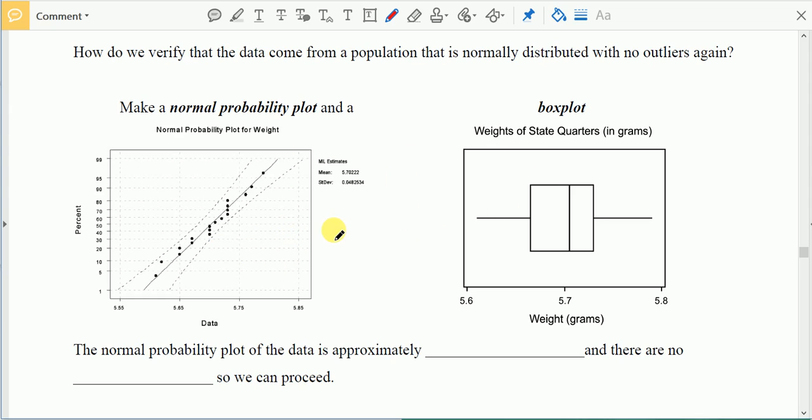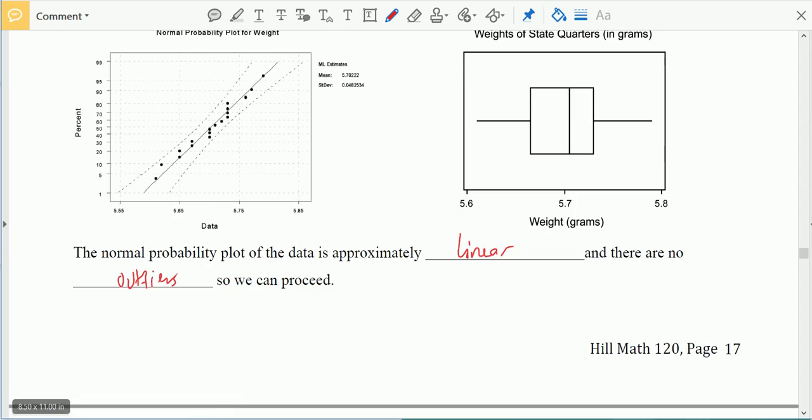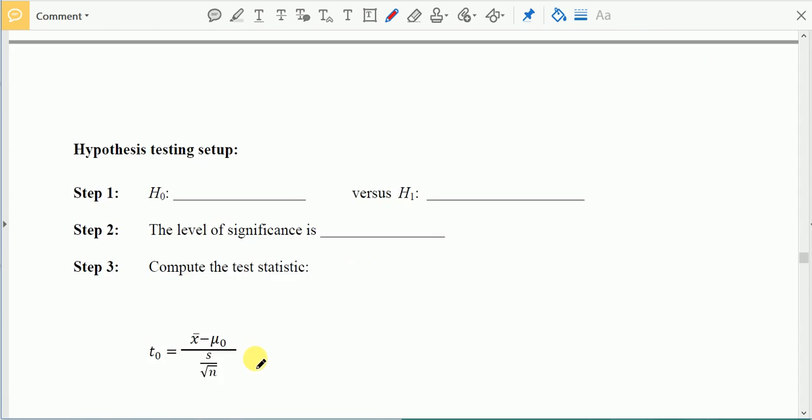But you can use the TI graphing calculator to graph the plot here. So from the normal probability plot, the data is approximately linear, and there's no outliers, so you should be good. Usually I'll tell you if you have an outlier or not, so don't worry much about these plots here. Now let's try to solve the problem.